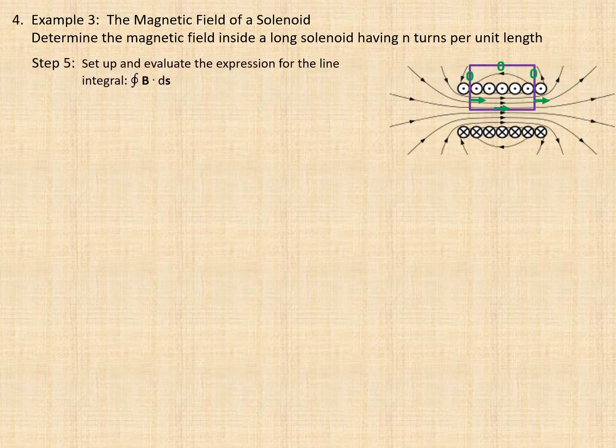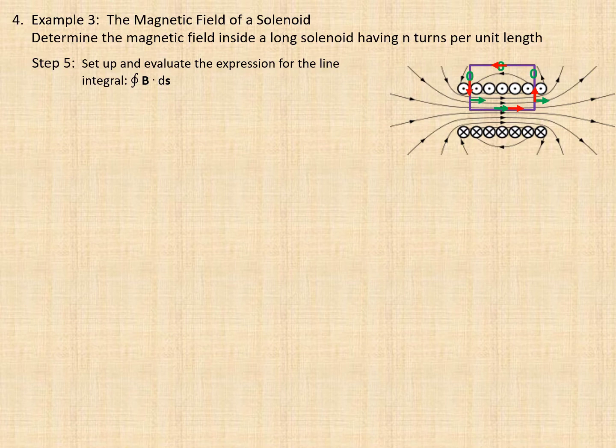All right, so we are now ready to evaluate the expression for the line integral around this closed Amperian loop, which we've divided up into 4 pieces. So you see here, I'm showing you in red the little infinitesimal displacement vector ds for each portion of the loop.